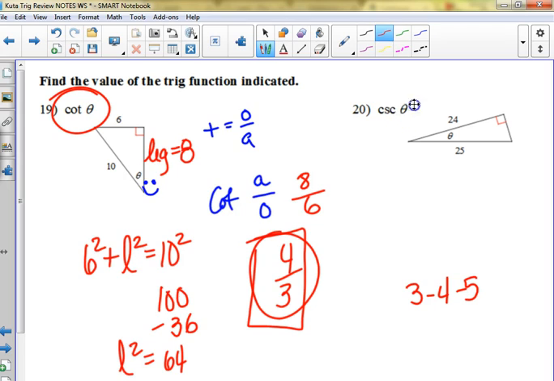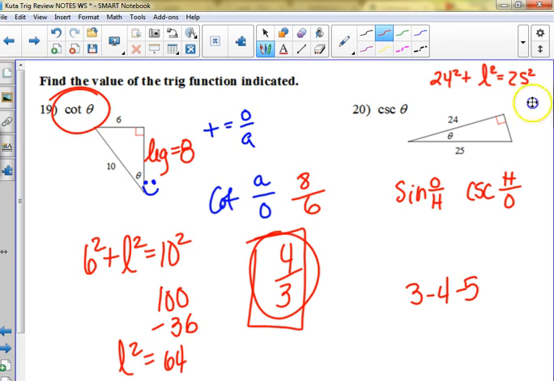But okay, cosecant over here, guys. Well, that's the flip of what? Sine is opposite over hypotenuse. So cosecant, we need hypotenuse over opposite. We need opposite. This is another famous one. 24 squared plus some missing leg squared equals 25 squared.